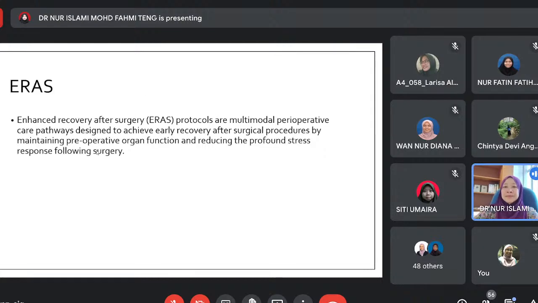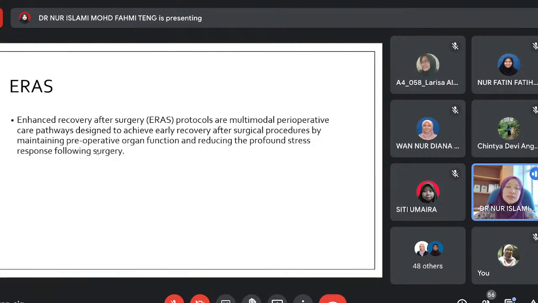Okay, ERAS. So we look a bit into the ERAS. What is ERAS? So ERAS is the Enhanced Recovery After Surgery. This is actually a society, ada ke society lah. The protocol are multimodal peri-operative care pathway designed to achieve early recovery after surgical procedures by maintaining pre-operative organ function and reducing the profound stress following surgery.